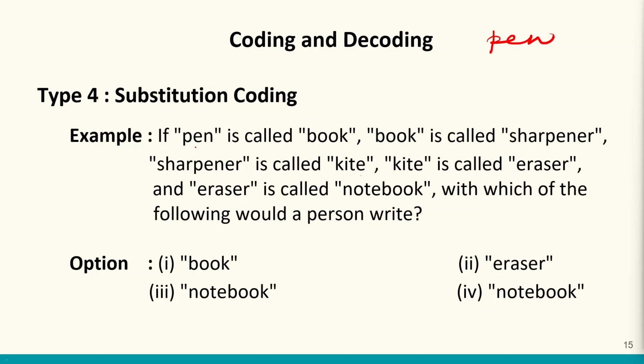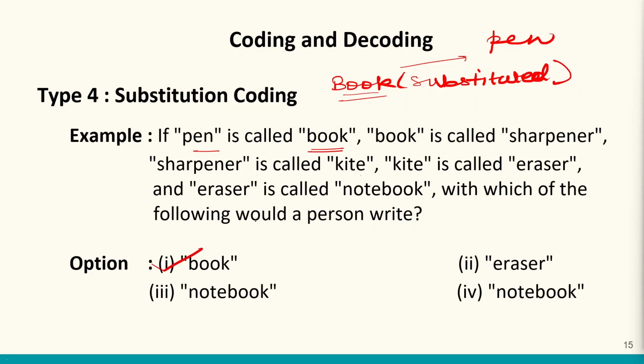So over here, it is clearly written that pen is called a book. That means book is the substituted word for pen. So if I have to say that we write with a pen, I can also say that we write with a book, because book represents pen only. It is given in the question. So our answer will be option number 1, book.